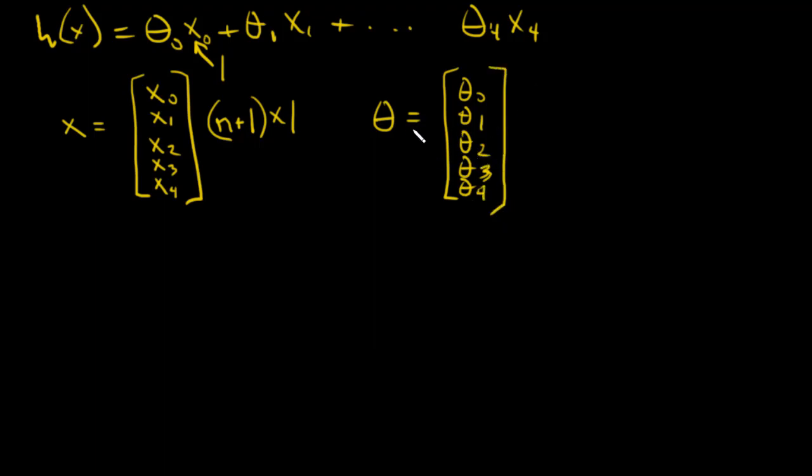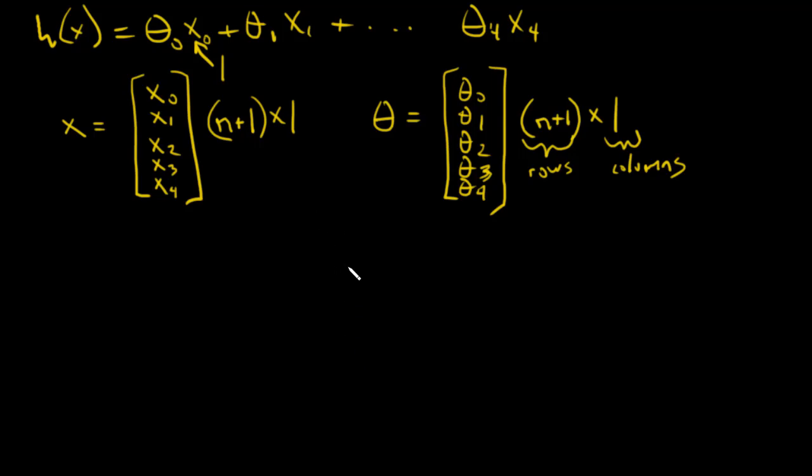So that is our theta vector, and it is also an n plus 1 by 1 vector, right? The number of rows by the number of columns. Well, I only have one column, but that's okay. Okay, that's how you reference your vector.